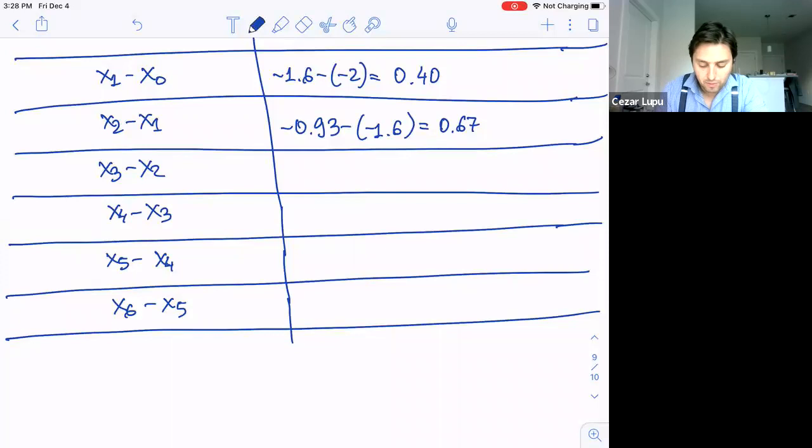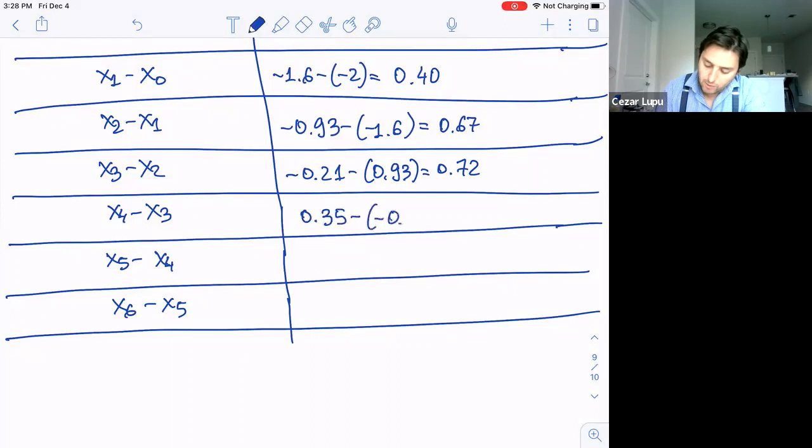Now x3 minus x2 will be negative 0.21 minus negative 0.93, which will be 0.72, all right? And then x4 minus x3 will be 0.35 minus negative 0.21, which will be 0.56.